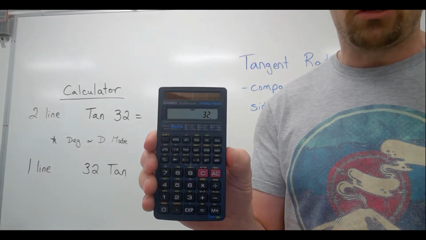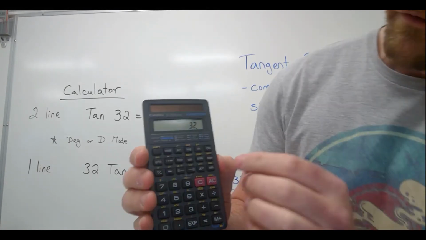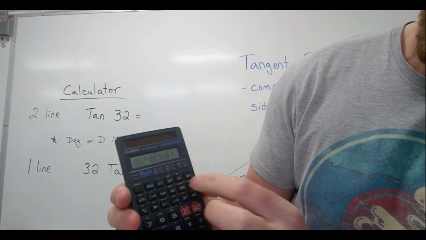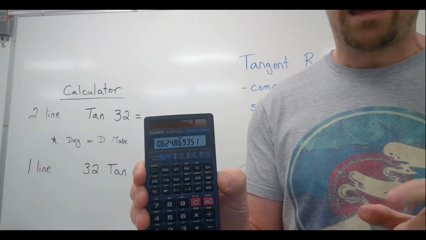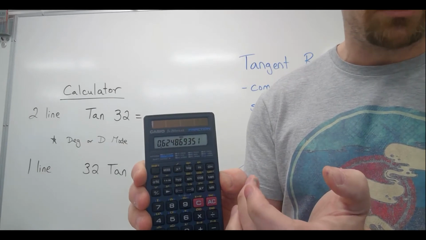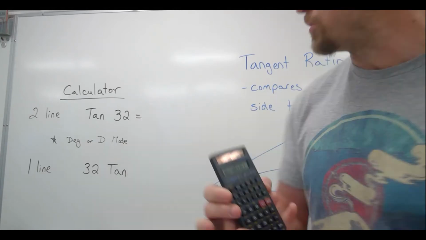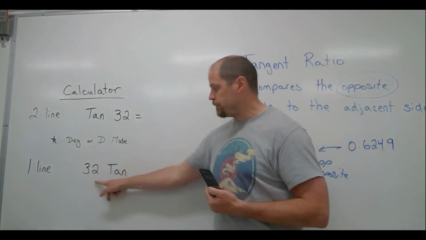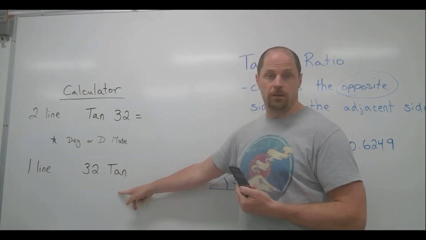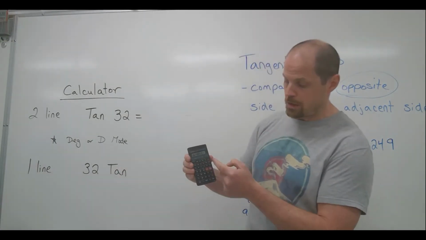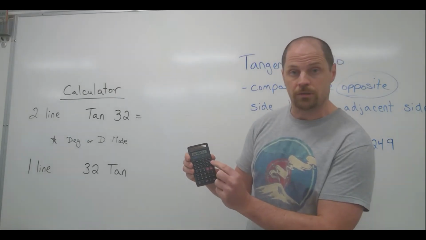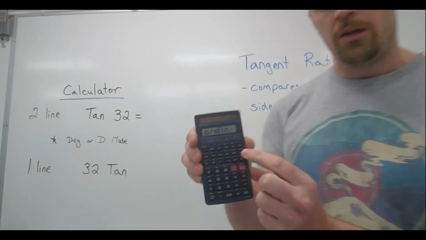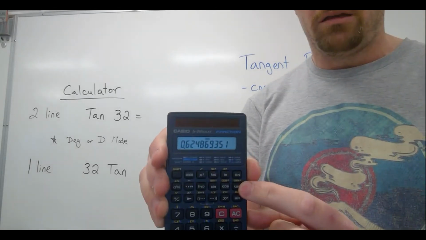So this calculator, you start with a number, find the tan button, and it should give you the same answer. So again, if you don't see what you're typing and press equals, you have to go at it backwards. You have to type in the number first and then the ratio button that you want. The ratios are always at the top, and there are always 3 of them, sine, cosine, and tangent. They only put the first 3 letters, so you'll see tan on your calculator.